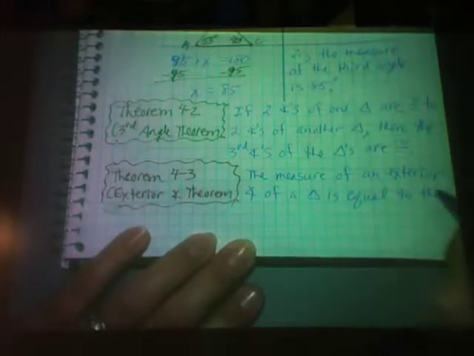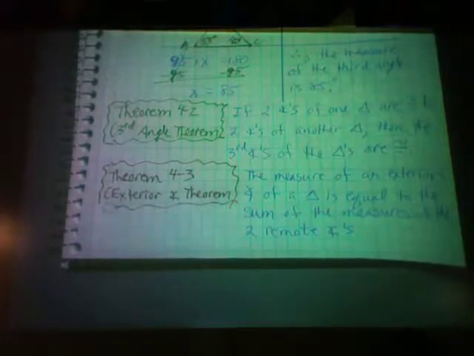So the measure of an exterior angle of a triangle is equal to the sum of the measures of the two remote angles. And I'll tell you what remote angles are shortly. It'd be handy to know what they look like.